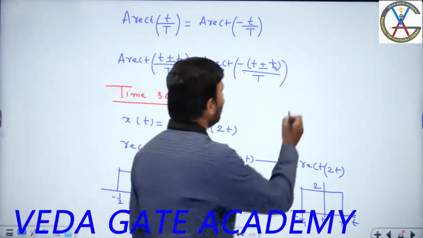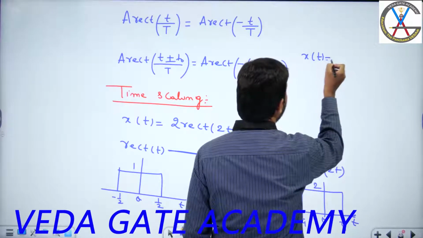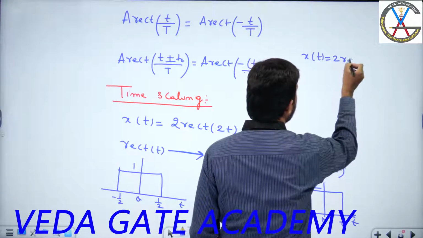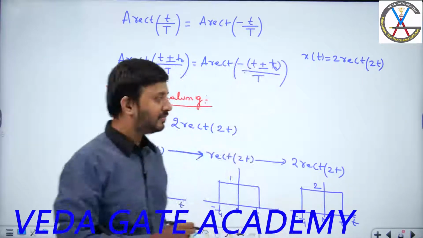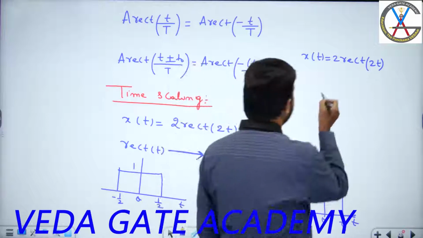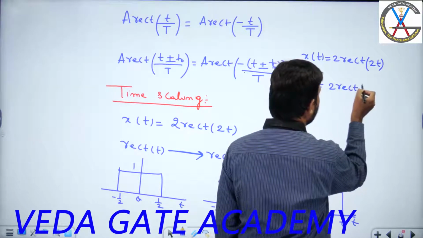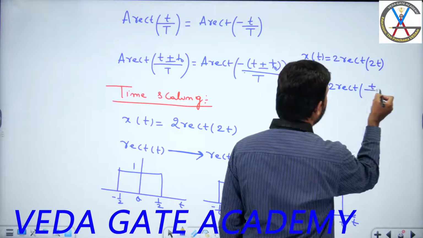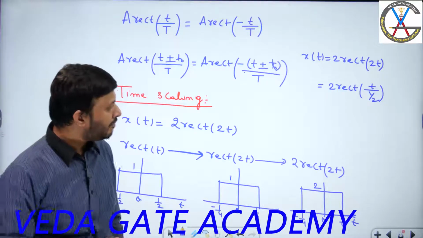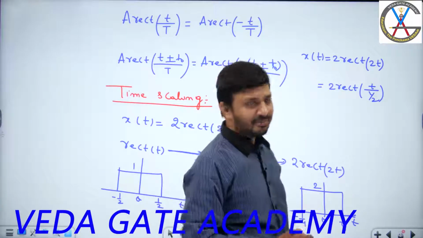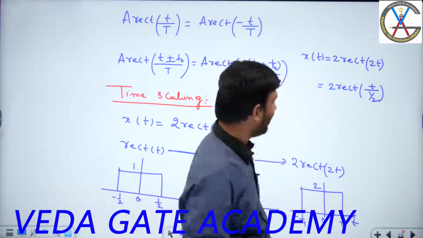See, what is it that he gave? x of t is equal to 2 rect of 2t. Observe here. Can I write this as 2 rect of t by 1 by 2? Yes. Now if you observe, this came to a standard form: A rect of t by capital T with center at 0.